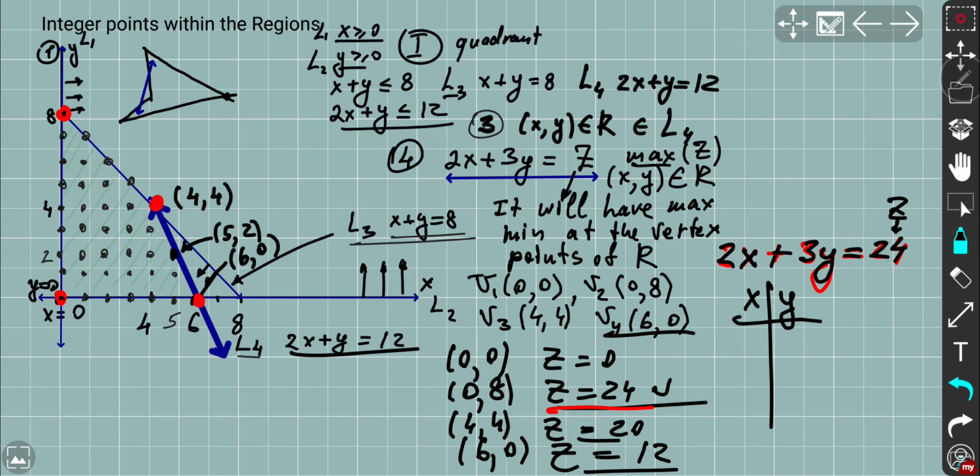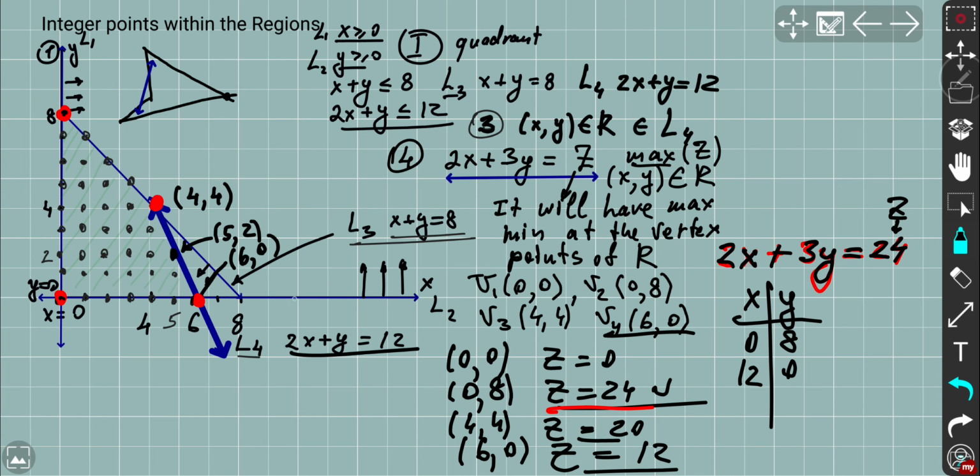So we can simply take x equals 0. In this case, y is going to be 8. So that's one point. And for the second point, we can plug y equals 0. In this case, x is going to be 24 over 2, which is 12.